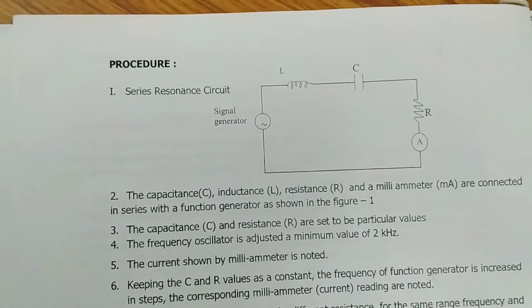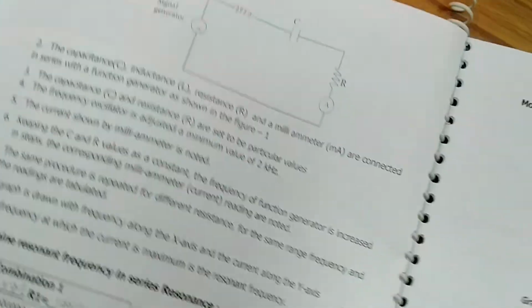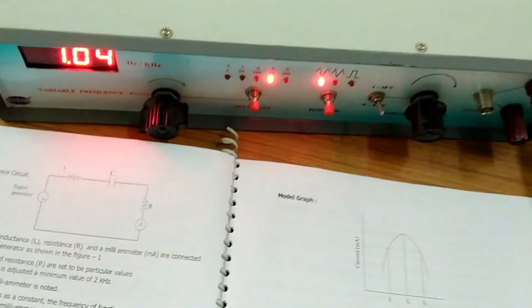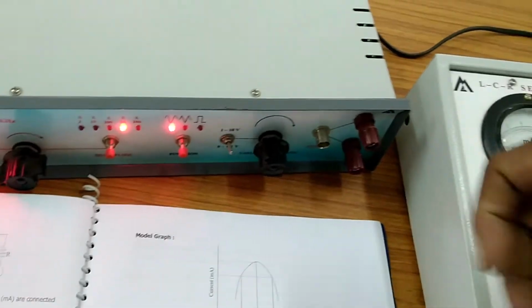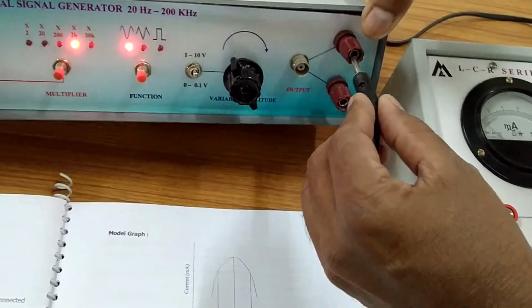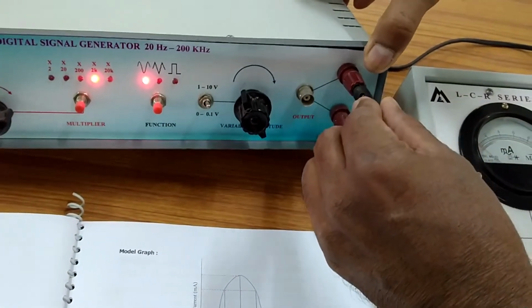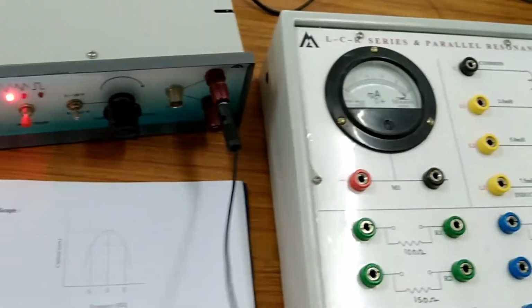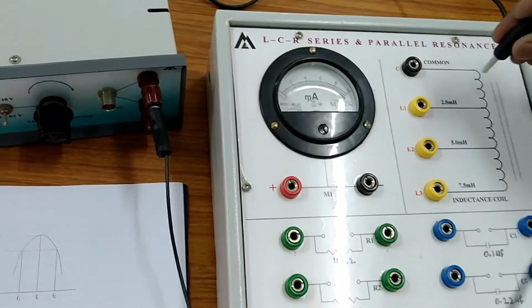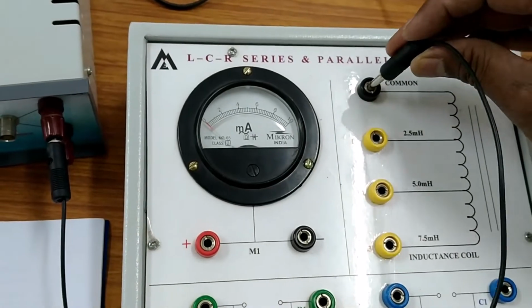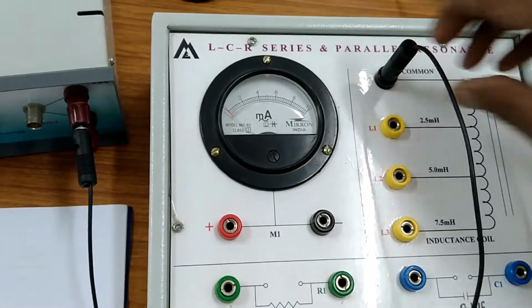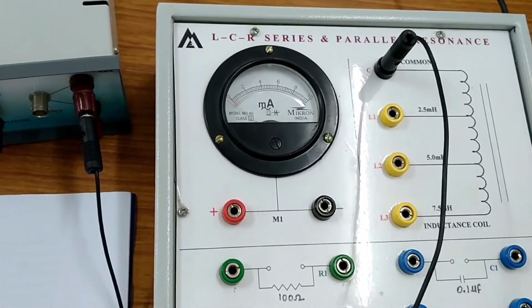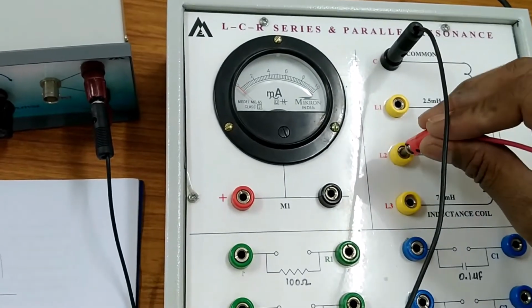Therefore, I am now taking the connecting wires. I start from the signal generator, choosing one of the terminals, and this should be connected to the common terminal. The second terminal is L, 5 millihenries.